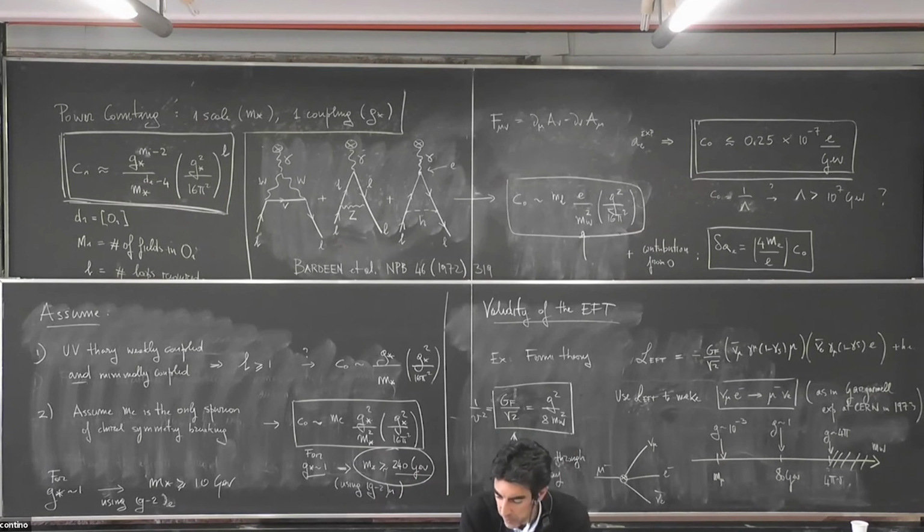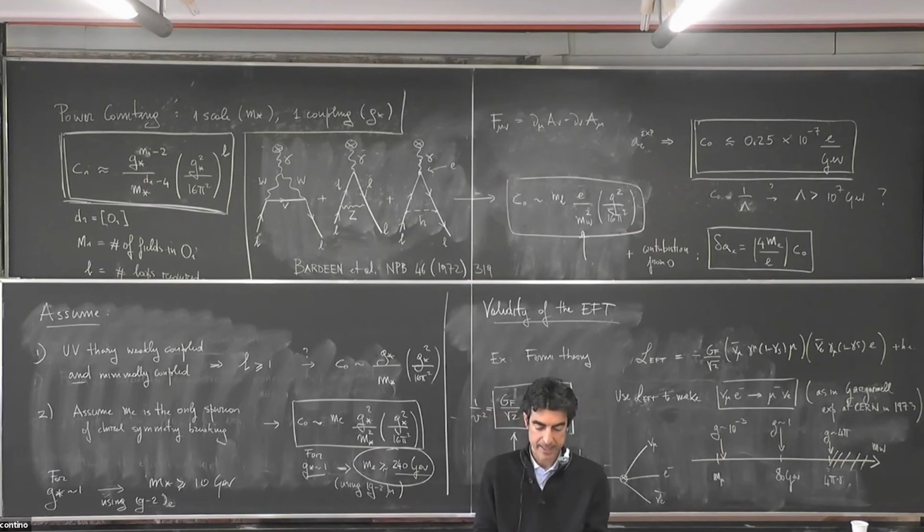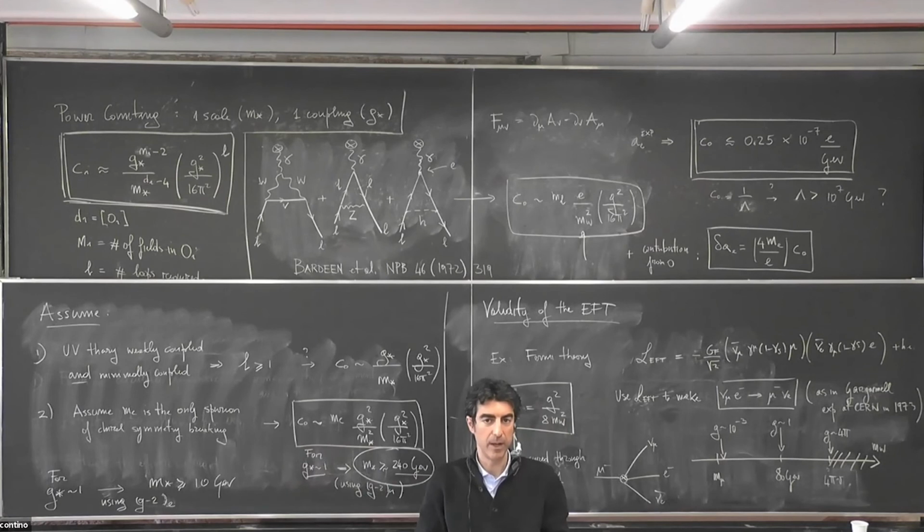Now that we have all the experimental inputs, we can address whether the theory can be extrapolated to arbitrarily high energies or not, whether the theory is a complete theory or not.